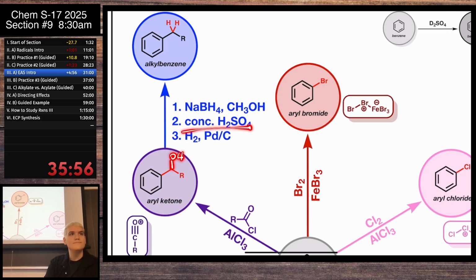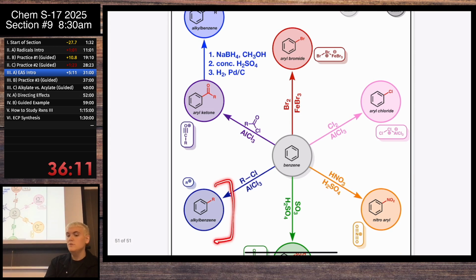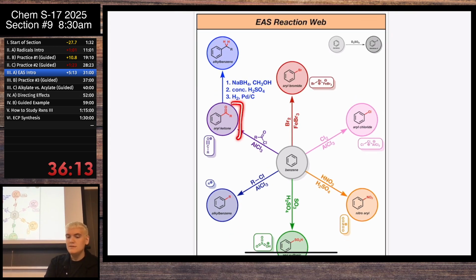Makes it an alkene. Yeah, we're doing elimination. And then what does H2, palladium on carbon do to an alkene? Adding hydrogens. And so we can form alkyl groups either through Friedel-Crafts alkylation, or we can do acylation and then reduce it away. Does that make sense conceptually so far?